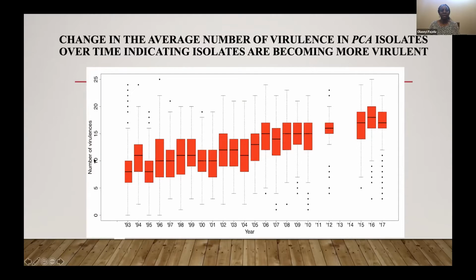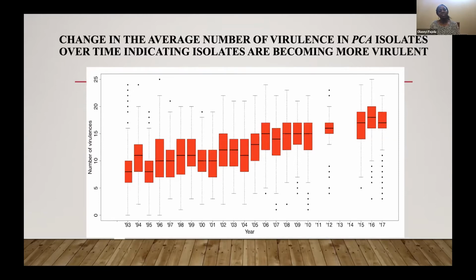On the y-axis is the number of virulences, that is, the number of resistance genes in oat differential lines that are defeated by oat crown rust isolates. On the x-axis is the year, and each box is a category of all isolates tested in that particular year. Each isolate was tested against 26 differential lines.